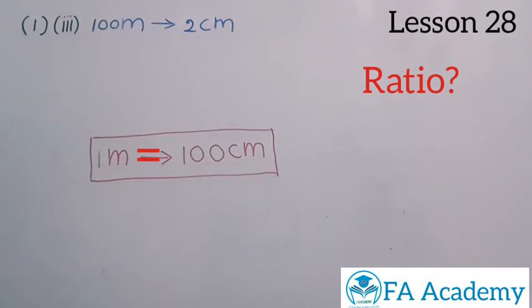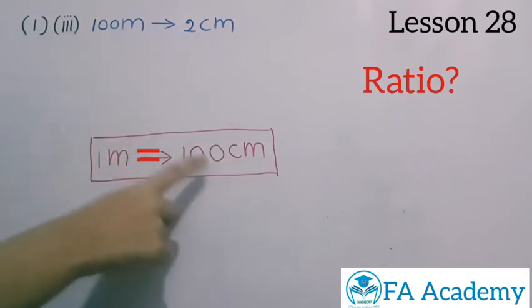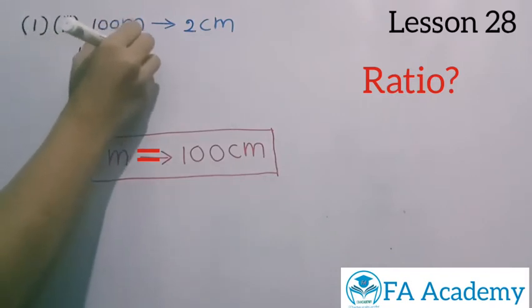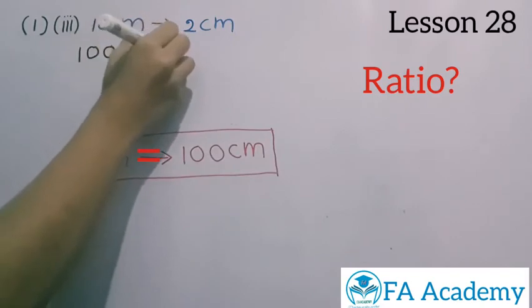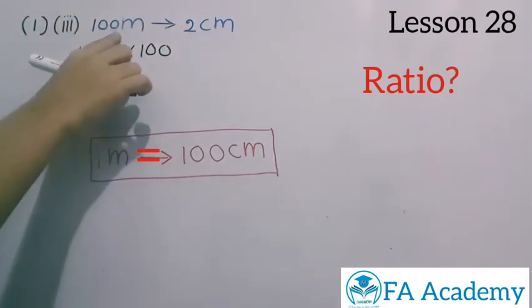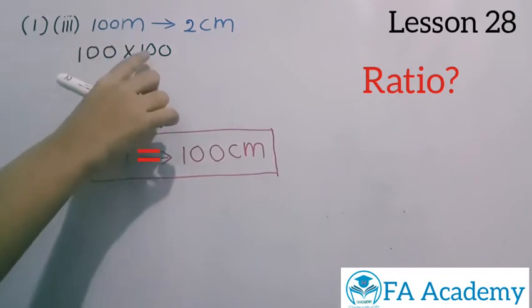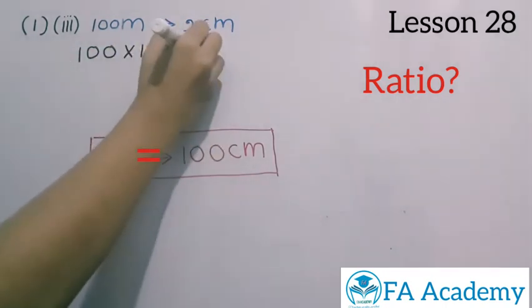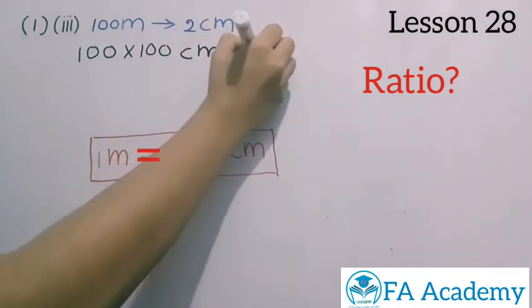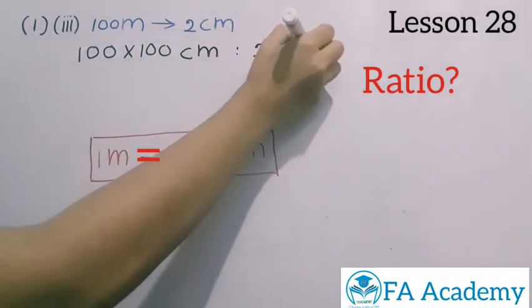So when you want to take in centimeters, what will happen? 1 meter gives 100 means 100 gives 100 into 100. 1 gives 100. So here 100 meters are there. So we multiply it by 100 to make it centimeter. Okay. So here into 2 centimeter.